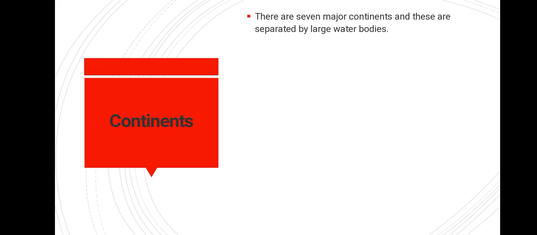There are 7 major continents and these are separated by large water bodies. We all know. Here the first Asian continent or Asia continent. The largest continent on the earth is Asia.